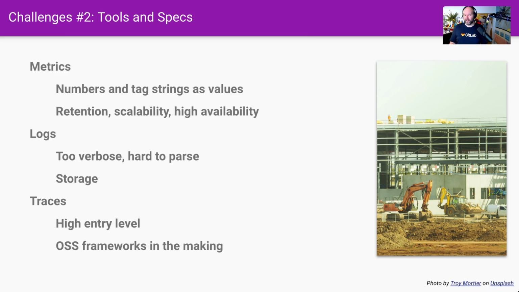It needs scalability, it needs high availability, and so on. Similar thing with logs. Sometimes they are too verbose. How to parse them needs some pre-processing and post-processing. We need to think about storage because it's not endless and it costs money over time when there are too many logs, and potentially they are not helping when they're too verbose.